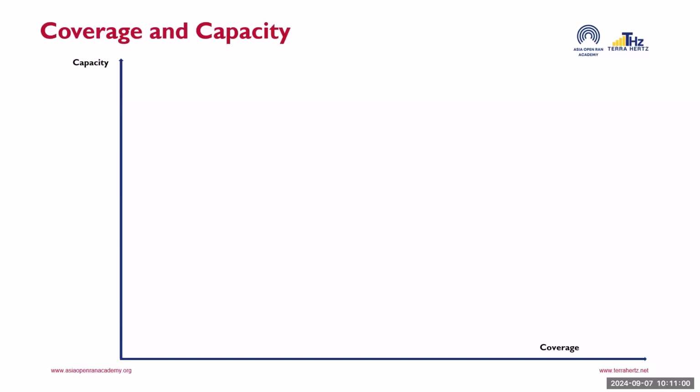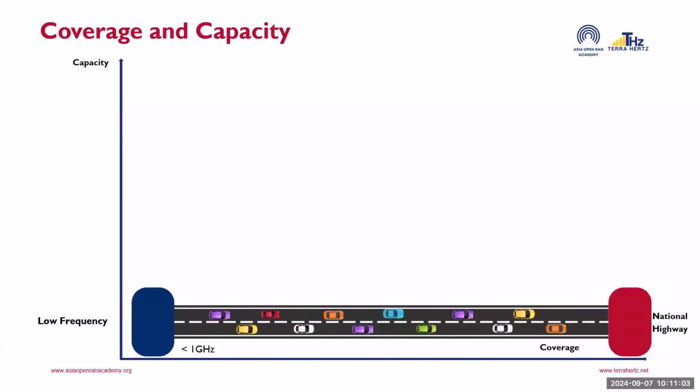All right. So if you are using a low frequency, that means you are using less than 1 gigahertz. Those are the frequencies from 450 up to 1 gigahertz or 1800 megahertz.